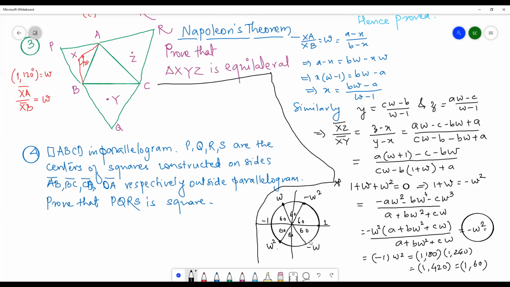Now why is this true? Because minus omega square is minus half minus root 3 by 2 i. When you multiply it by minus 1, it becomes plus half plus root 3 by 2 i, and that is what this point is. This is plus half plus root 3 by 2 times i, that is minus omega square.